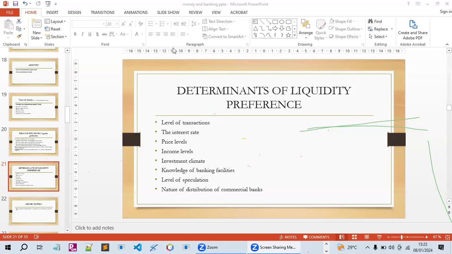Yes, you can unmute and ask your question. Techno Spark 4, you can unmute. Yes.